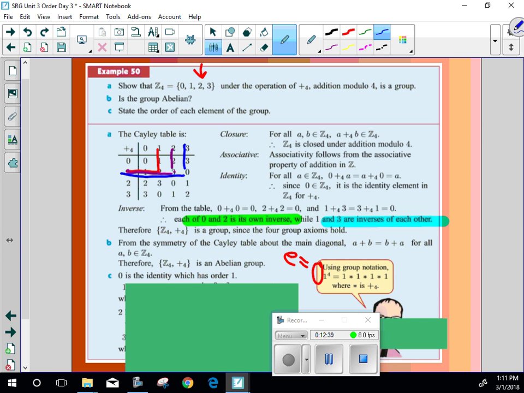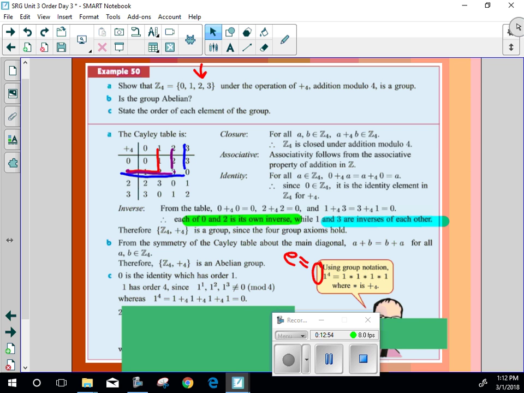So 1 is your first order, 1 plus 1 is the second order because you're adding 2. 1 plus 1 plus 1 gives you the 3, and adding a fourth 1 gives you 4, so that is going to be order 4, right? So 1 has an order of 4 because none of the earlier sums is 0, but when you add the fourth one, it works, so it's order 4.